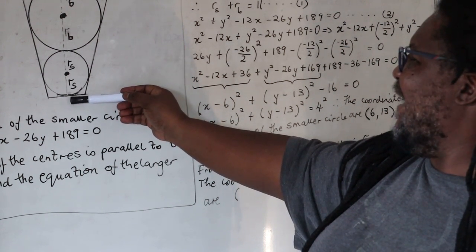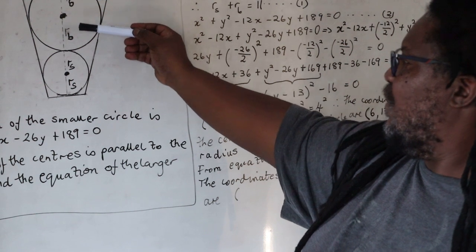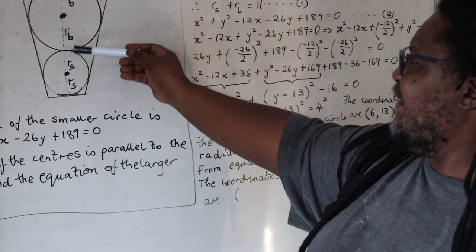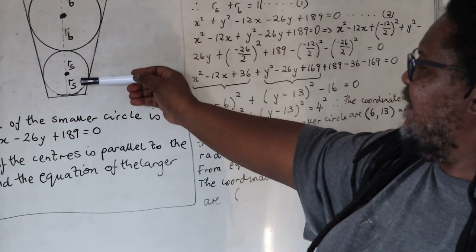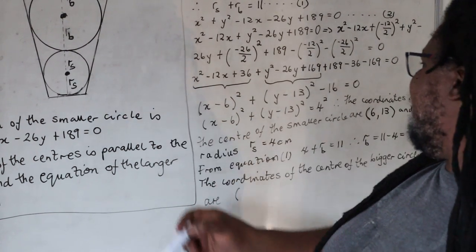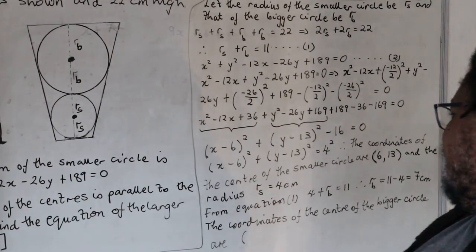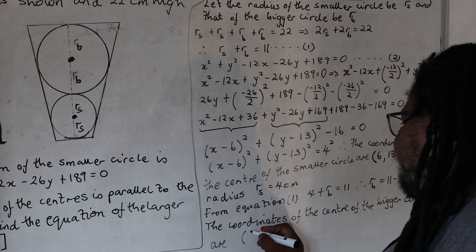In other words, this line is parallel to the y-axis, and therefore the value of x there does not change. And that means this line here is actually x is equal to 6. So the x coordinate of the larger circle is 6.